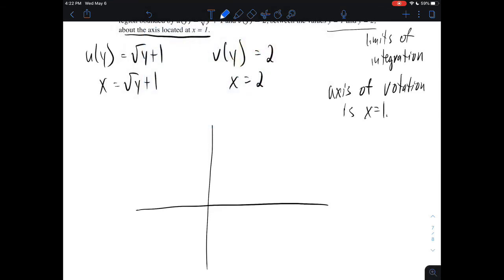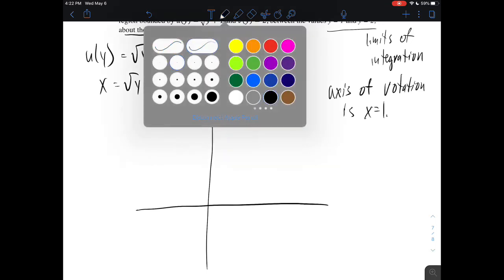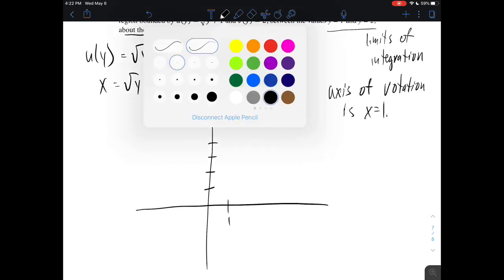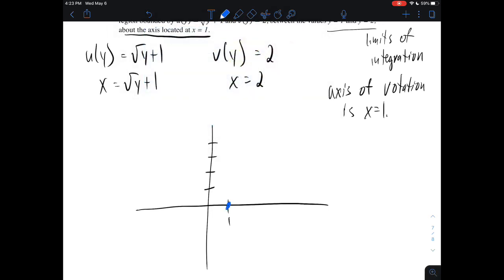So first, square root of y plus 1, let's just plug in a couple of numbers for that. So if y is equal to 0, then x is equal to 1. All right, so that's going to be 1 point on that. I can take another y value, y equal to 1.